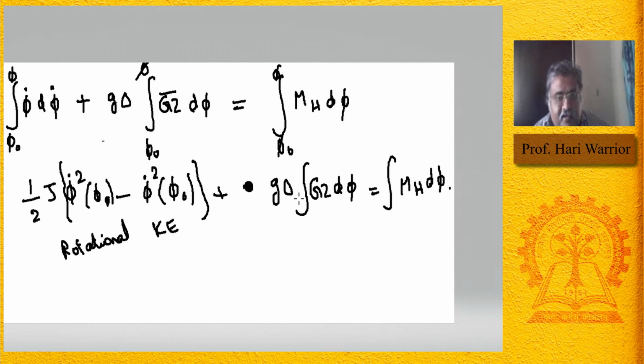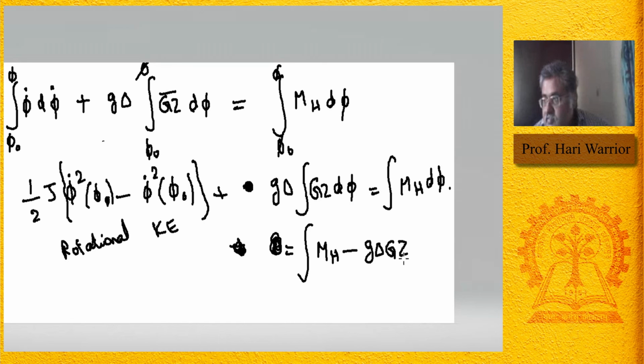So let us say that the rotational kinetic energy is equal to this integral of MH minus G delta GZ into d phi. So we get that the rotational kinetic energy is equal to this.